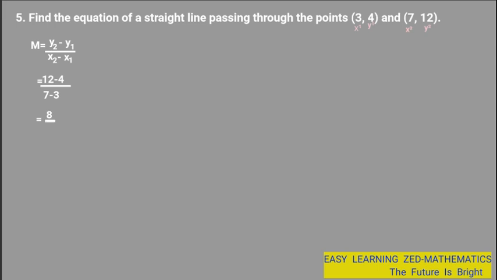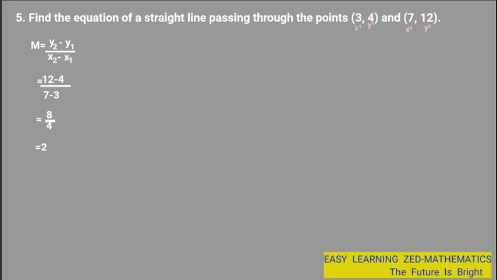Then 8 divided by 4 gives us 2. So the gradient of that straight line is 2. That's the slope of that straight line. Once we found that, now we can come to the equation.